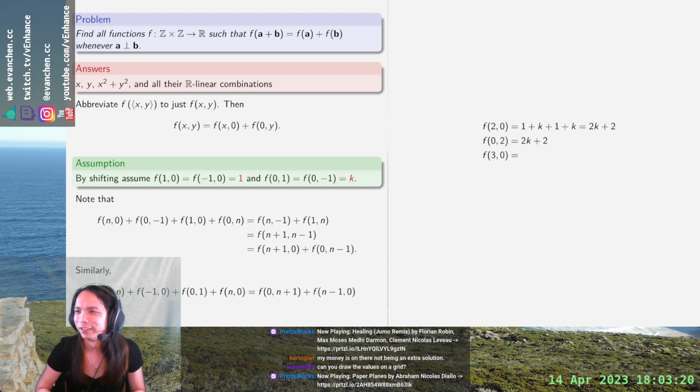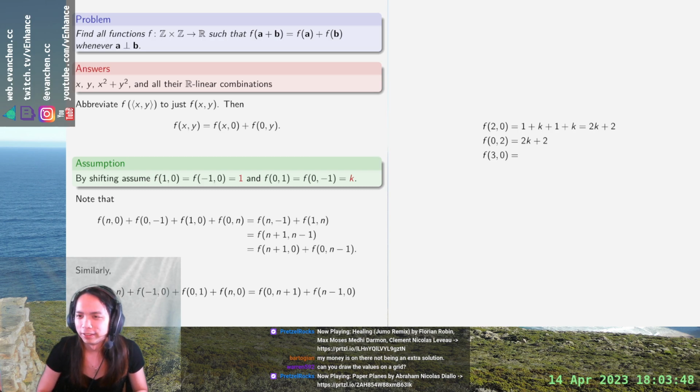Okay, f of 3, 0 is f of 2, 0, which is 2k plus 2, plus a k, plus a 1, plus f of 0, 2, which is also 2k plus 2, and then minus f of 1, 0, which is k.